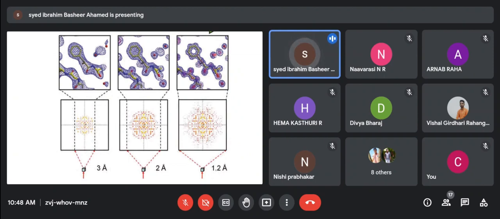Then at about 2 angstrom, the water molecule density is not as accurate compared to the atomic level. Here the density is very sharp, but here it is a little wider. Here it is still wider, so you will not be able to clearly say where the water is located. Here you can say. And if you go to low resolution, 3 angstrom, that is very low resolution.